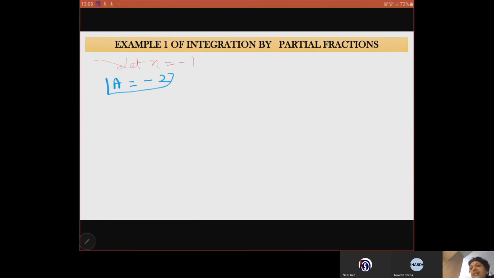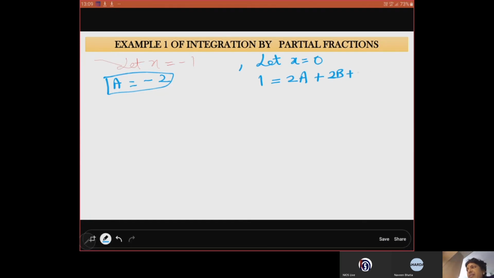Next, I need the value of b. So let x be equal to 0. The left hand side becomes 1. When you substitute 0, you will get 2a plus 2b plus the value for c, that is c.